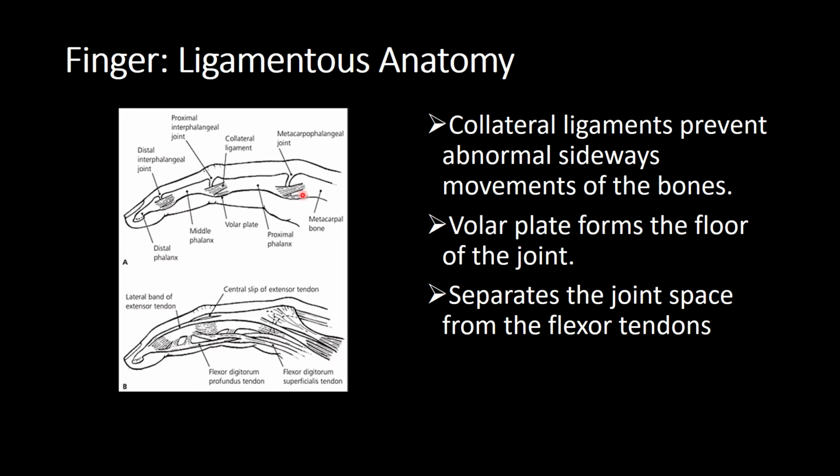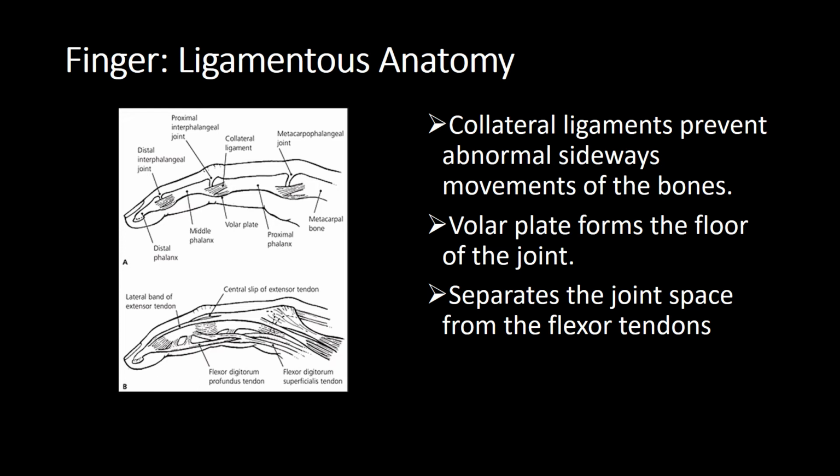On the volar aspect of the joint capsules, of the metacarpal phalangeal joints and of the interphalangeal joints, it's made up of a very dense fibrous structure called the volar plate.